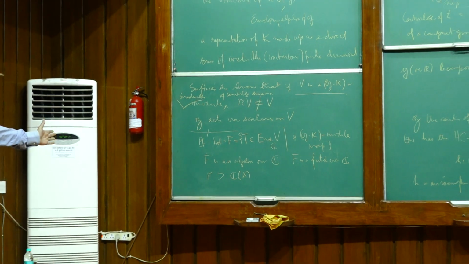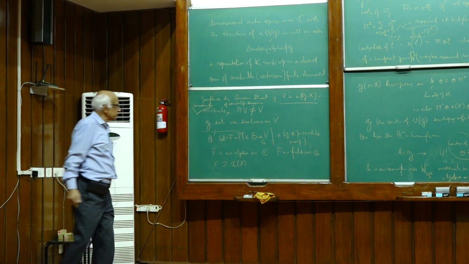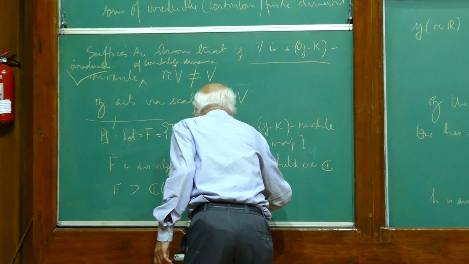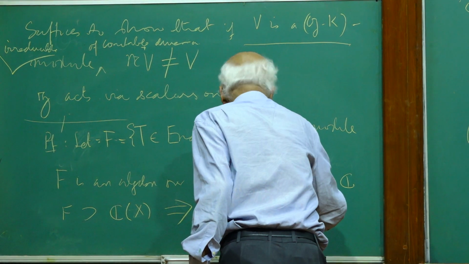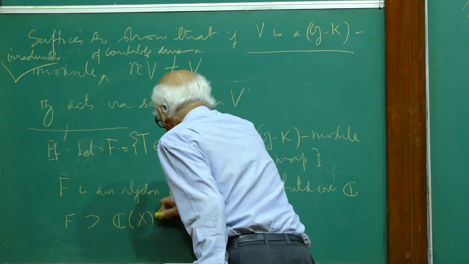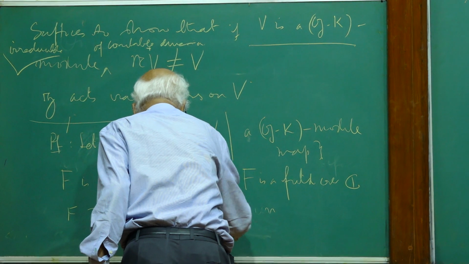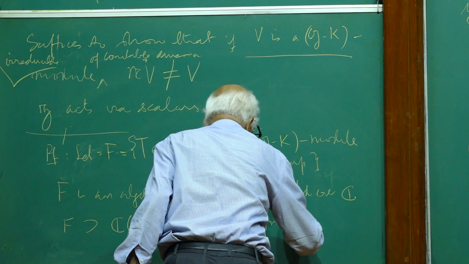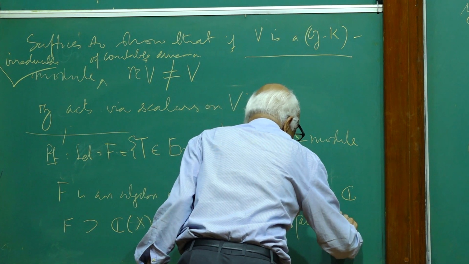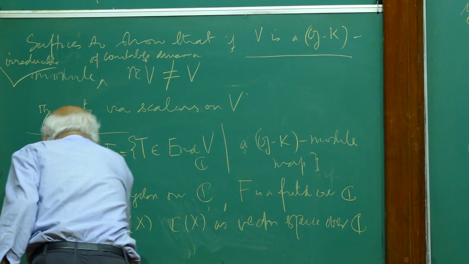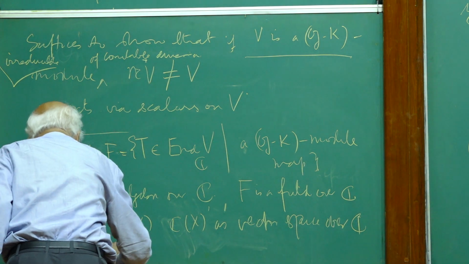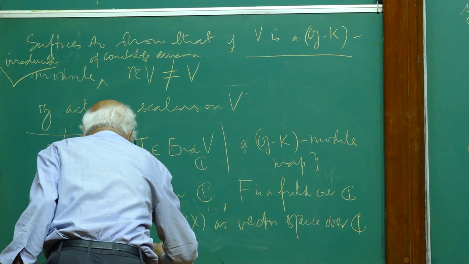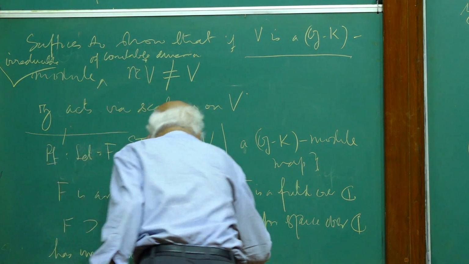Our assumption is that V has countable dimension over C. Sorry, F contains C(x), C(x) as a vector space over C has uncountable dimension, which implies V has uncountable dimension.